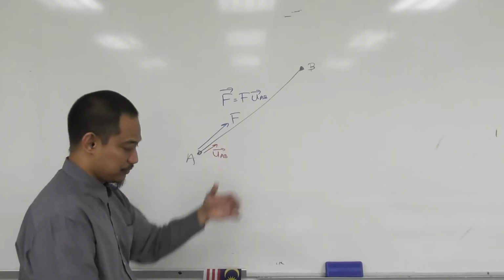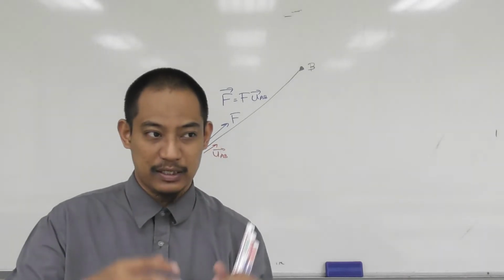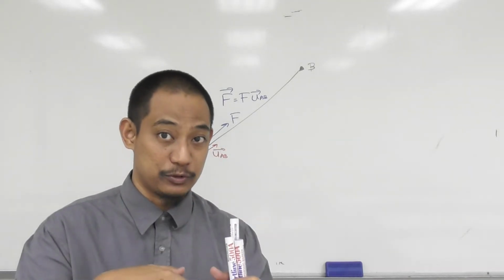How do we get this unit vector? We get the unit vector by dividing the vector by its magnitude.